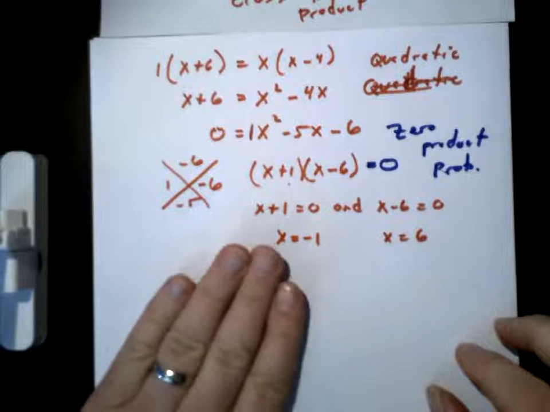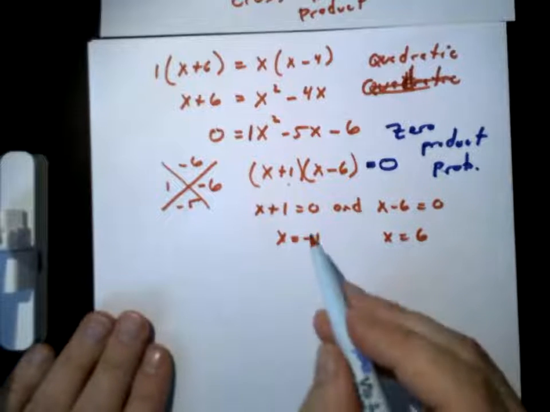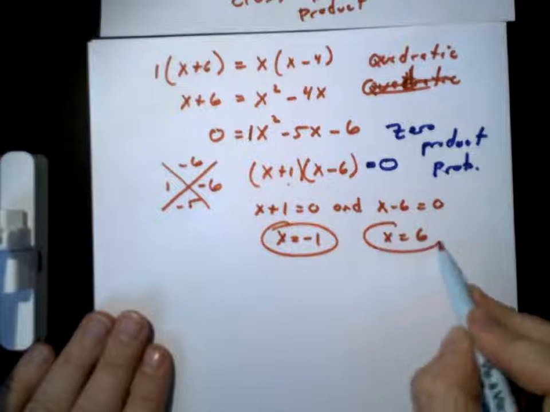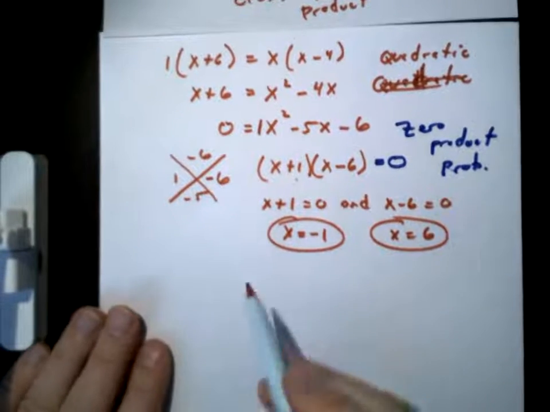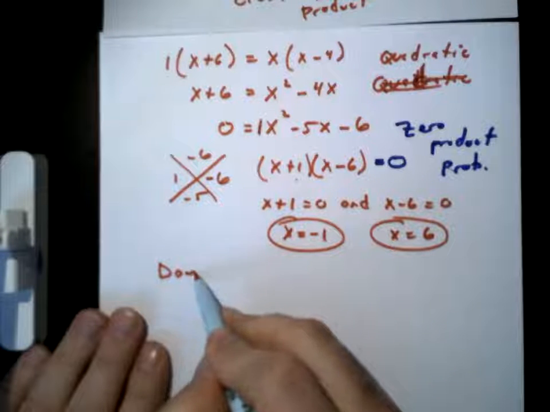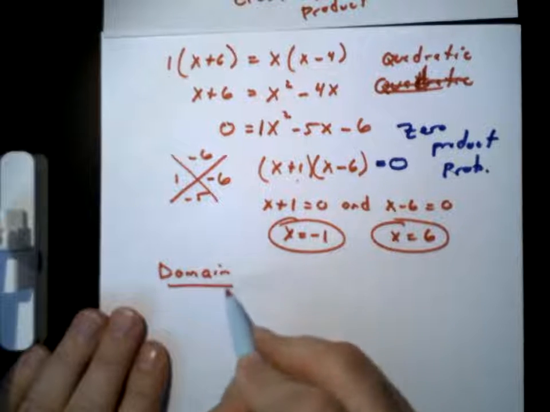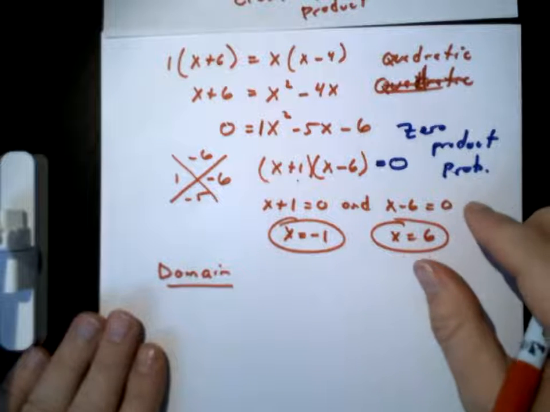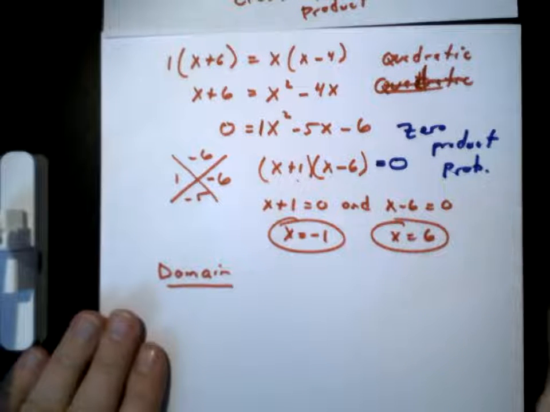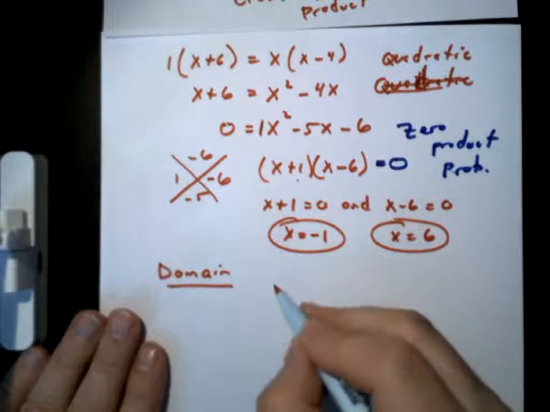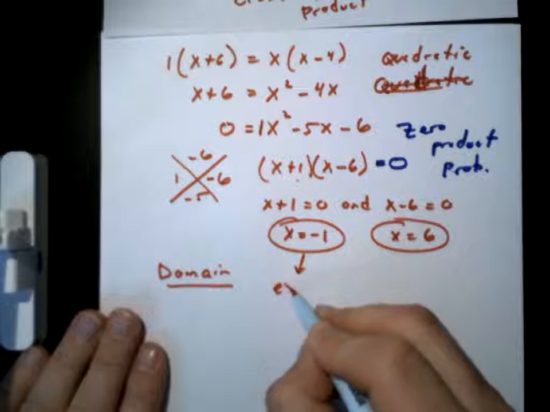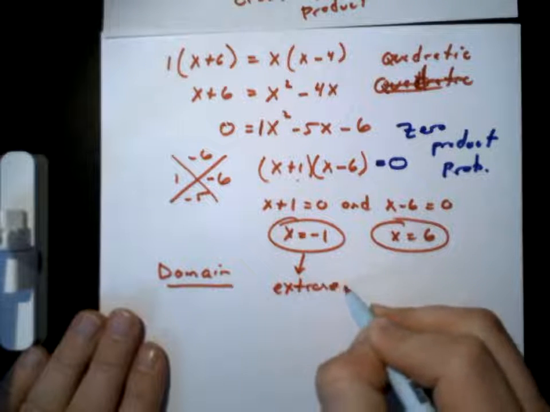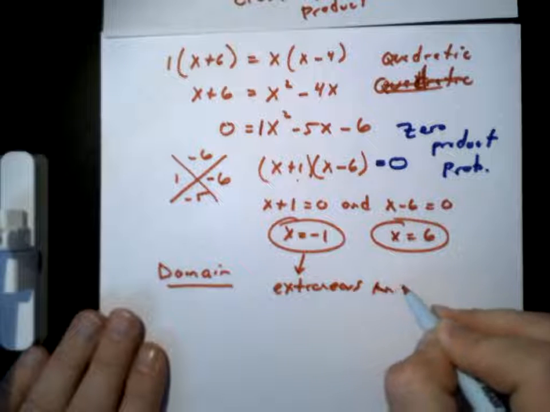Okay. We have to be careful here. I know that both of these two are possible answers, but we have to think about the domain. Now, the domain of an ln is it cannot be negative. So what we're going to have is what we call an extraneous answer.